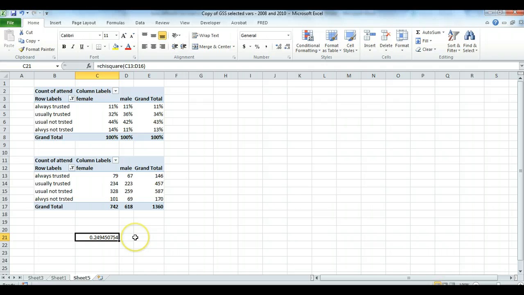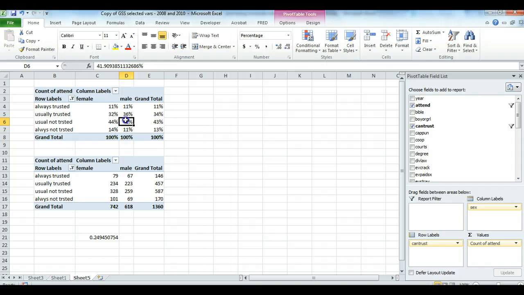And that's true. So here we find that the p-value for the chi-square is above 0.05, which means the probability that these differences we see here are due to chance is actually kind of high, which is not surprising.